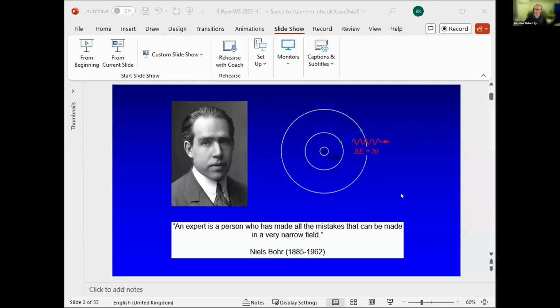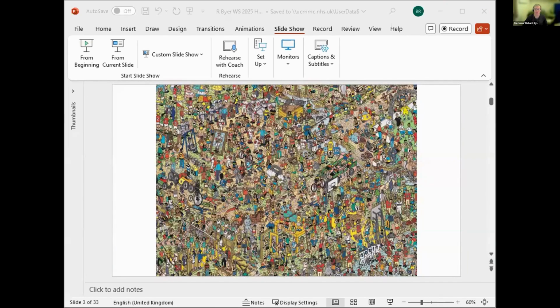It's always important to remember that we learn every day and see new things every day. Guard against mistakes and learn from our mistakes. So why do I show this picture of Where's Wally? Because trephine pathology really is at the interface between cytology and morphology.